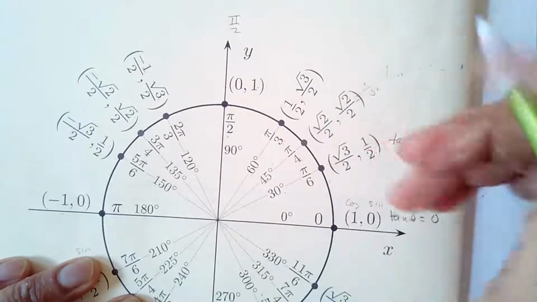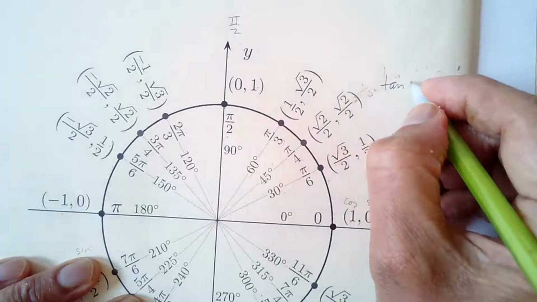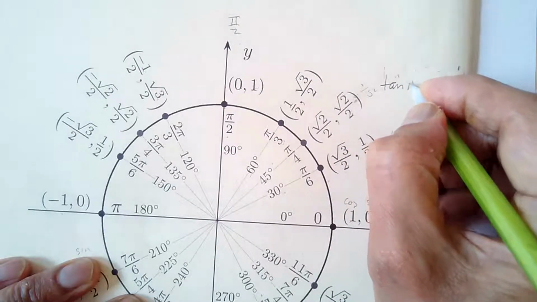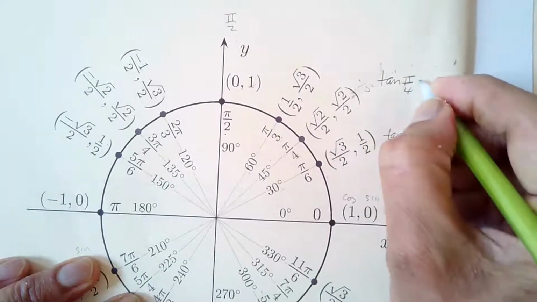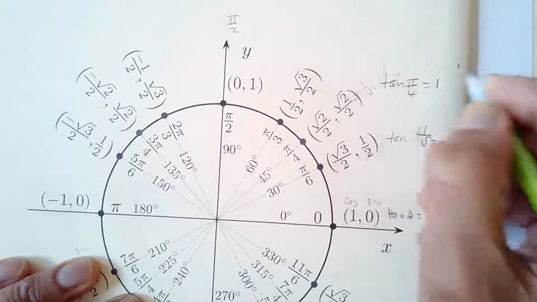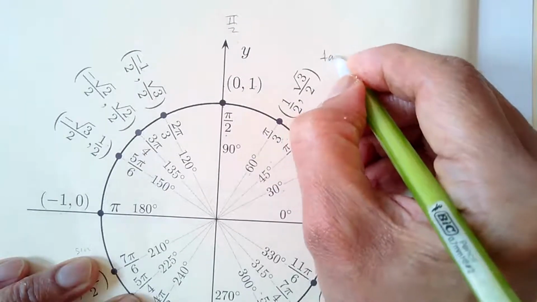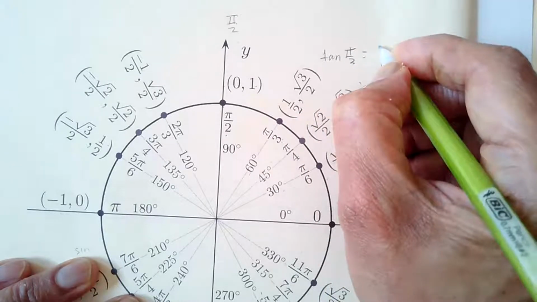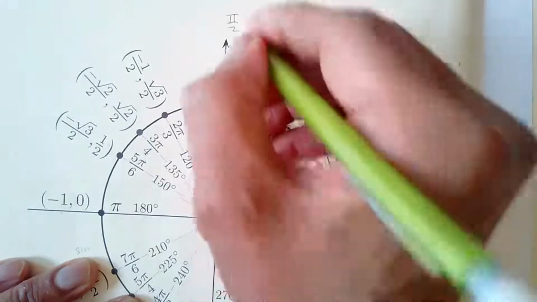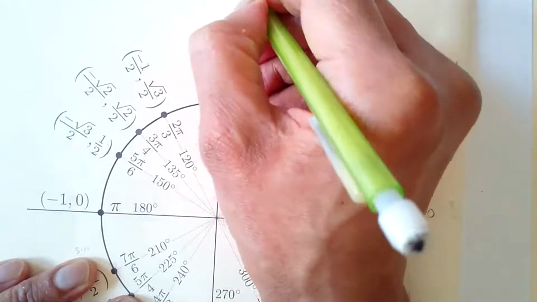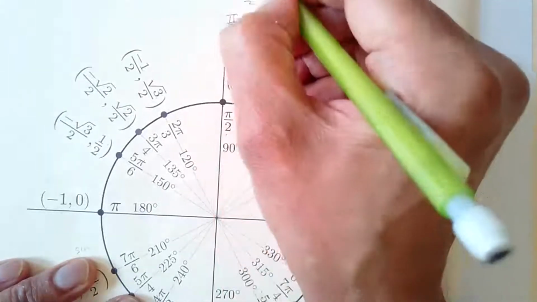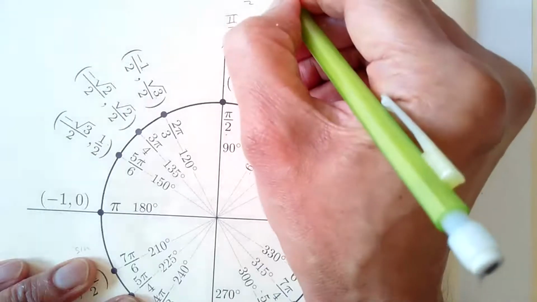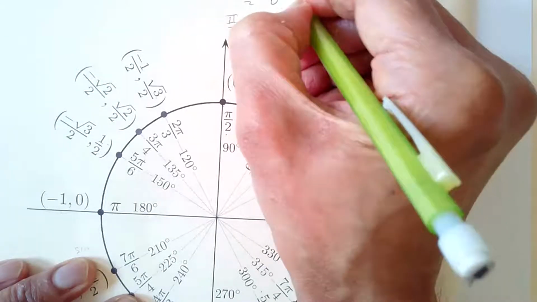And 45 degrees, we know tan is equal to 1. And tan pi over 3 is equal to root 3. Now, tan pi over 2, which is 1 over 0, is undefined.